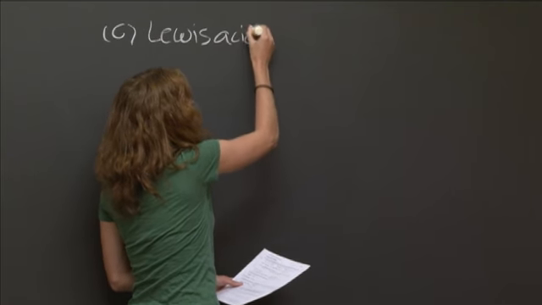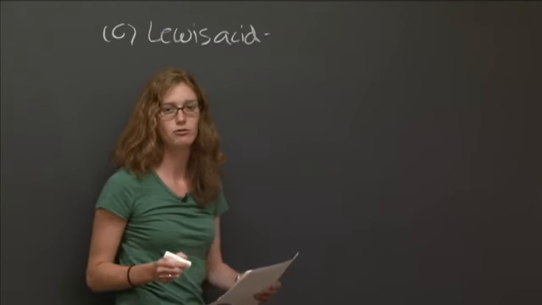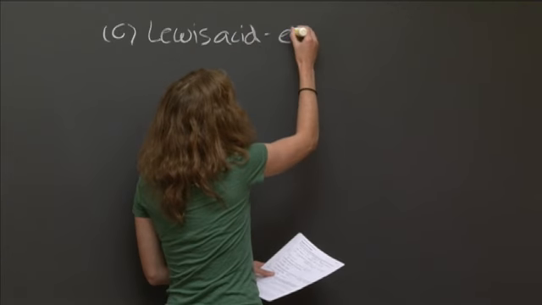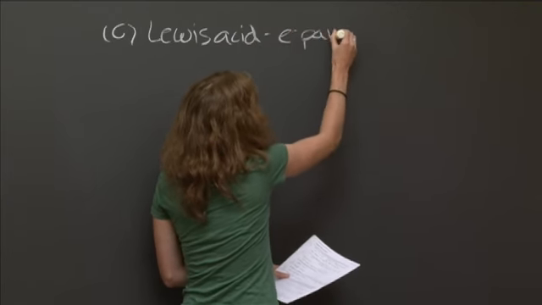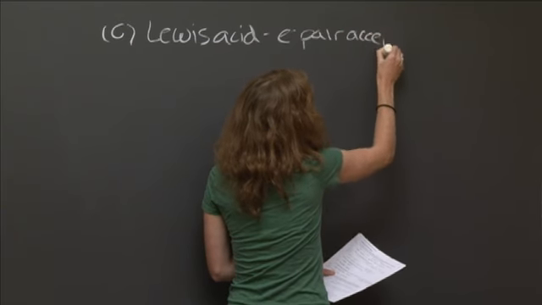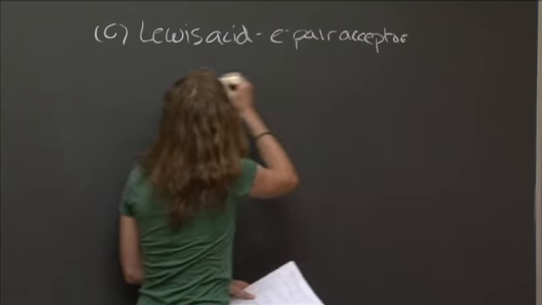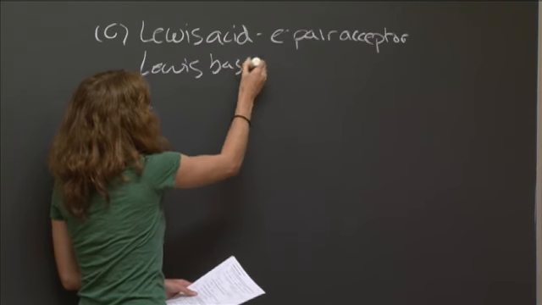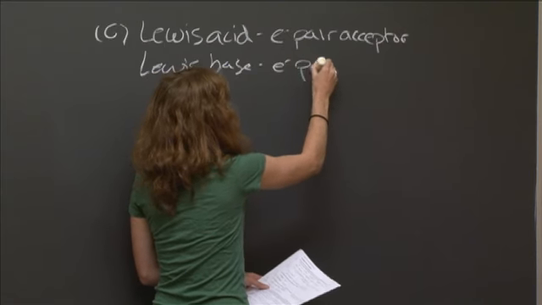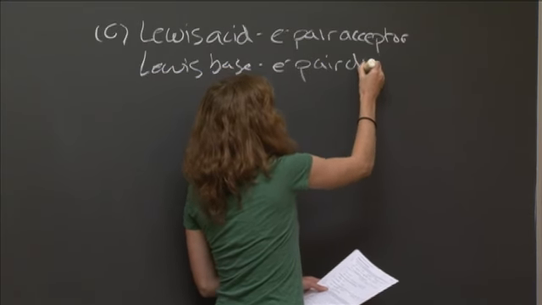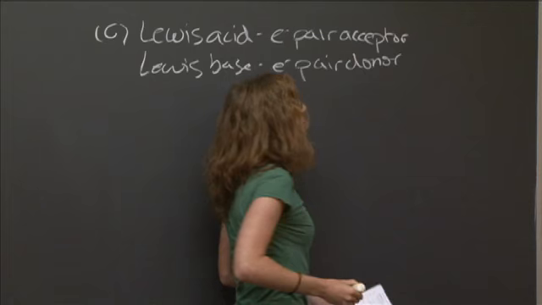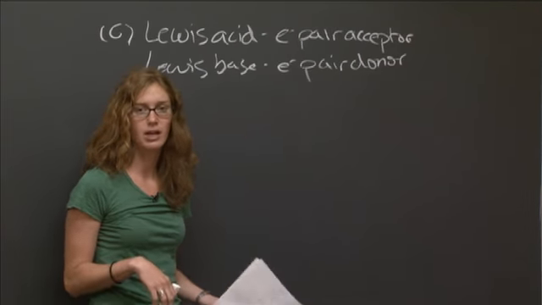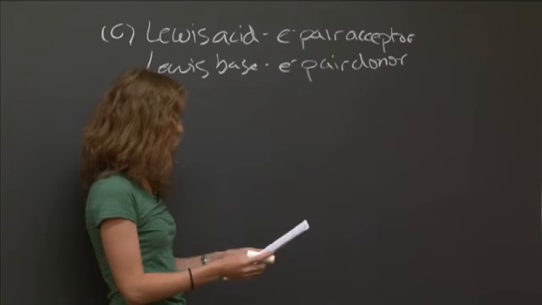If you remember from lecture or in your reading, we know that a Lewis acid is an electron pair acceptor and a Lewis base is an electron pair donor. These definitions are just a little more general than the classic proton acceptor or proton donor.